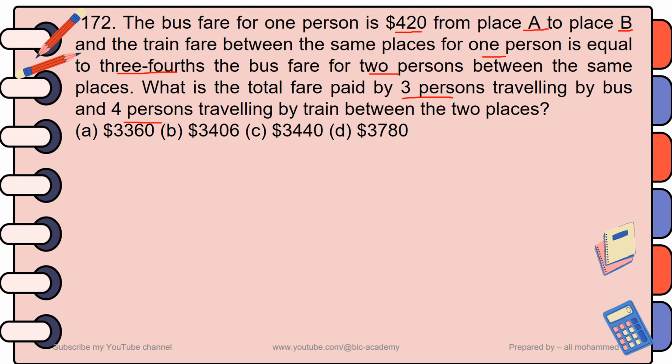So what is given here is the bus fare between the two places, and it is 420, and again the train fare between the same places for one person is equal to 3/4 the bus fare for two persons between the same places. And what is required is the total fare paid by 3 persons traveling by bus and 4 persons traveling by train between the two places.